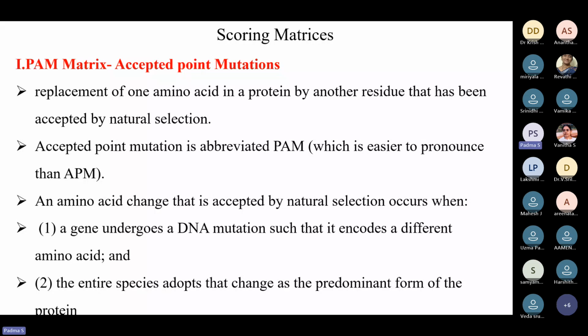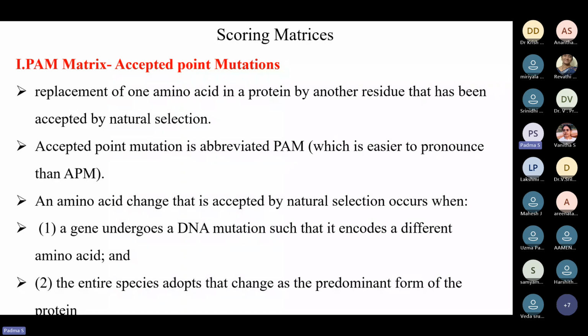When we say mutations in the protein structure, we all understand that there are several types of genetic diseases, and proteins are generally coded by the triplet codon.